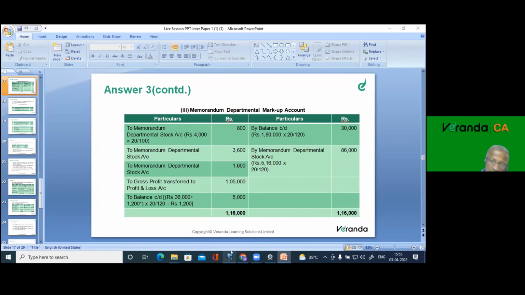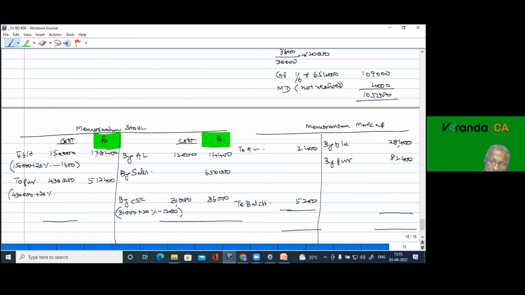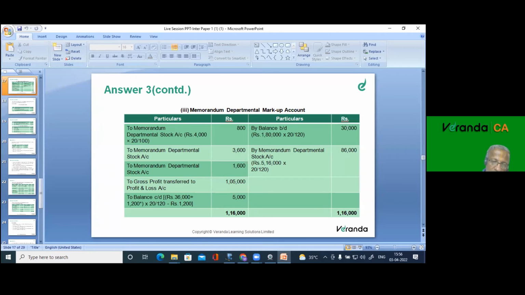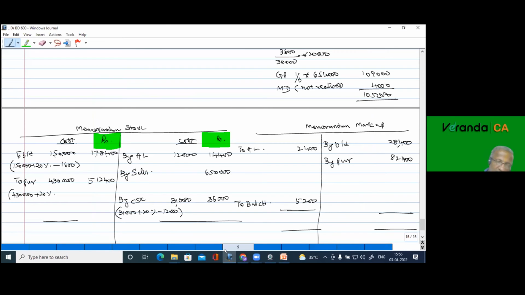So you just see 30,000, whereas here we have taken up 28,400 because we are taking up opening stock also. So we are bringing out all those adjustments, and finally 105,000 will be the final answer. 28,400 plus 82,400 minus 2,400 minus 5,200.